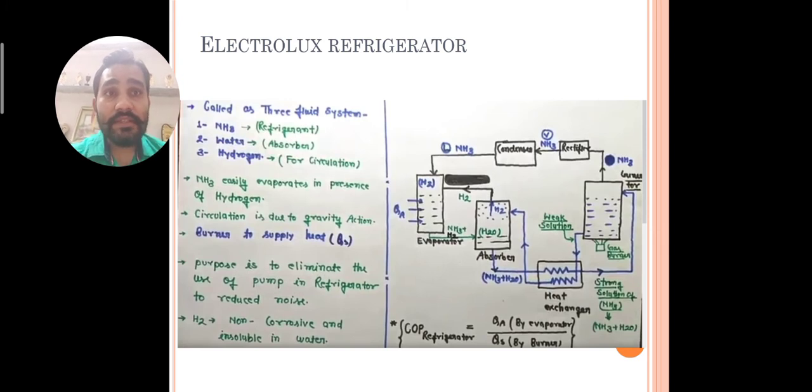As it is written here also, circulation is due to gravity action only, and we use a burner to supply heat. NH3 easily evaporates in the presence of hydrogen, so this is one of the advantages. The purpose is to eliminate the use of a pump in the refrigerator and reduce noise. We use hydrogen because it is non-corrosive and insoluble in water.